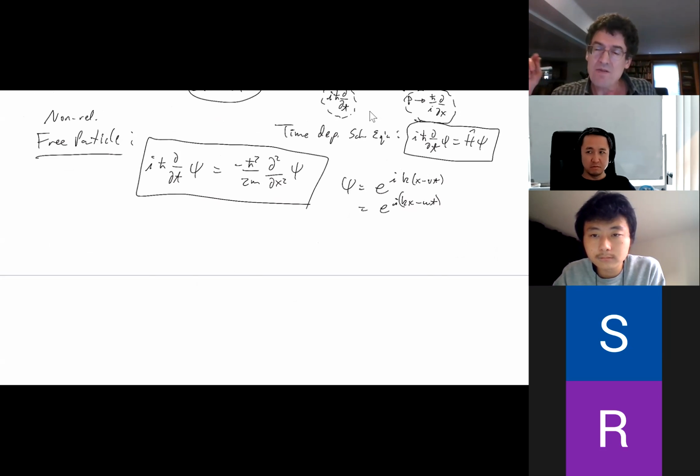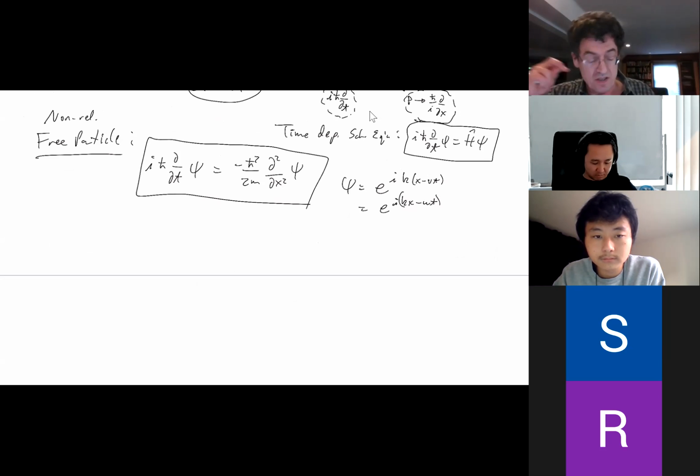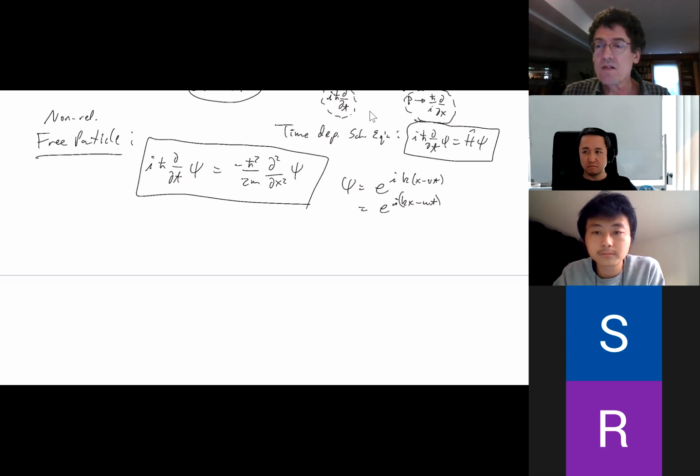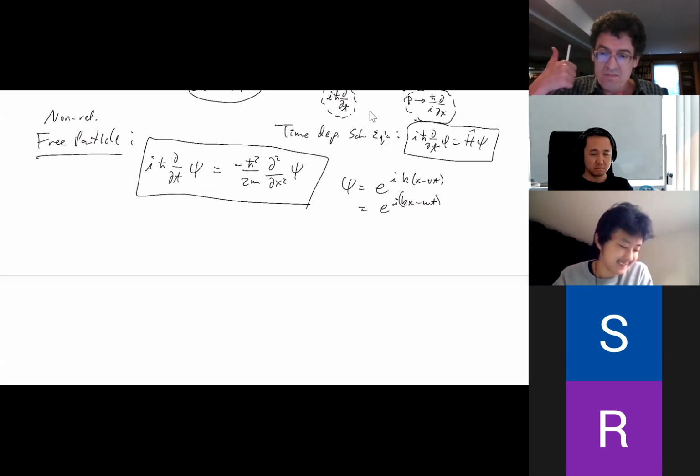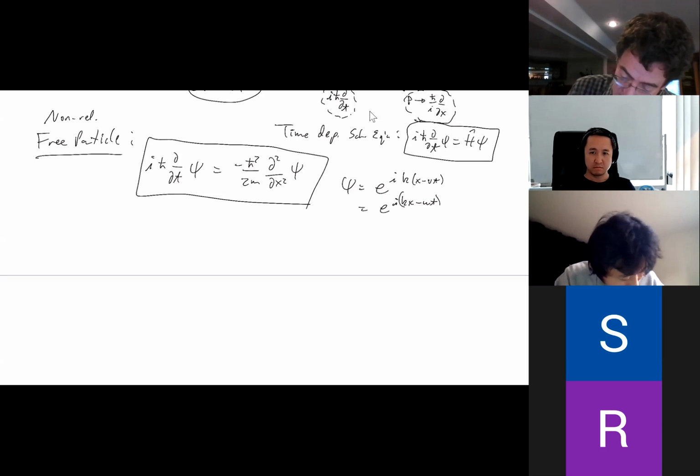Now let's consider relativity. When you look at this from a relativity point of view, something is screwed up about it. Can someone tell me what's screwed up? We're treating space and time differently, because we have a first time derivative and a second space derivative. Very good, that's exactly right.